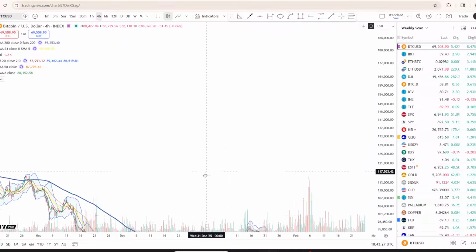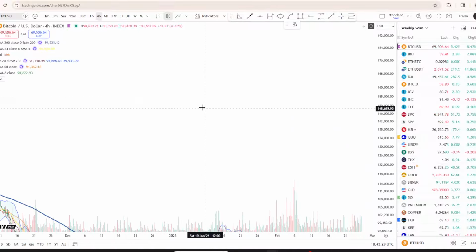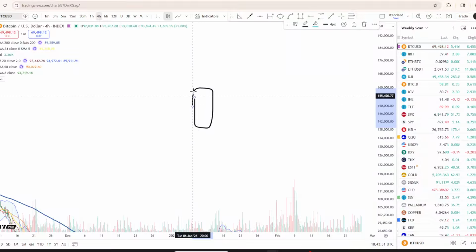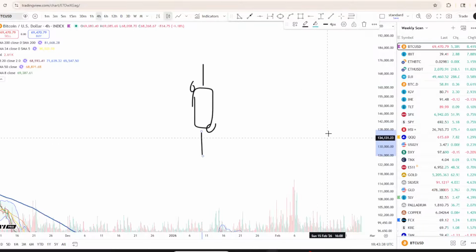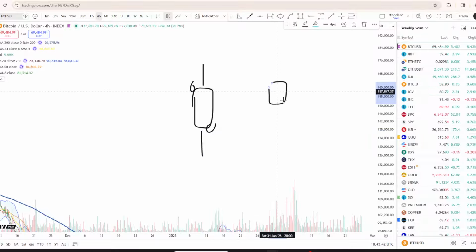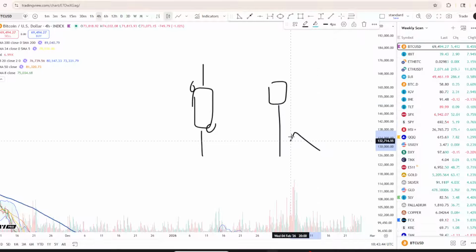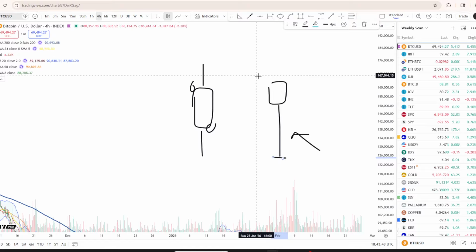The idea is, of course, with a Japanese candle, you have your open, low, high, and close. Take a candle with a long lower shadow. That shows that buyers stepped in and rejected lower prices, right?